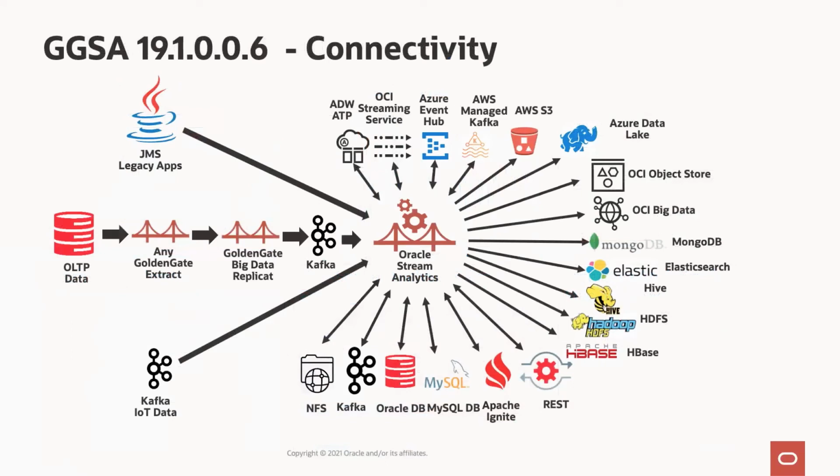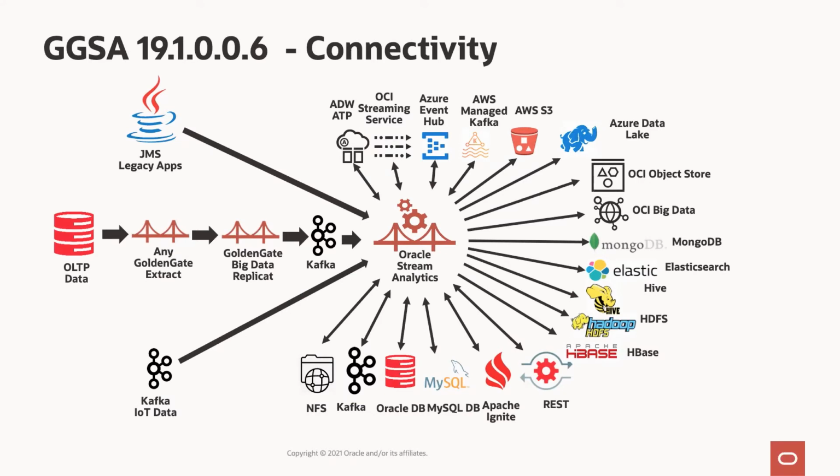So a quick snapshot on what are the sources and targets that are supported by Stream Analytics. You can bring in any GoldenGate extract or any GoldenGate sources that support the various different database sources. It includes relational as well as non-relational. Or you can source data from Kafka systems, the data that is brought in from IoT systems, or you can also bring in data from legacy applications through JMS.